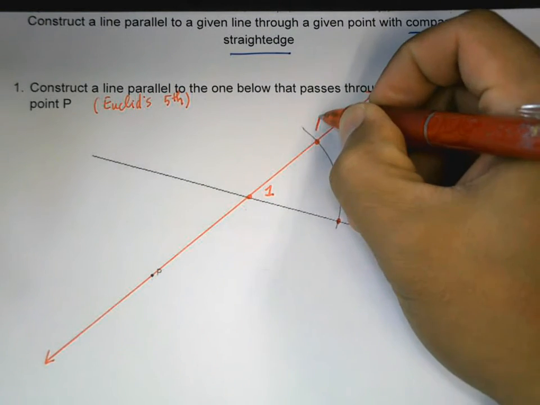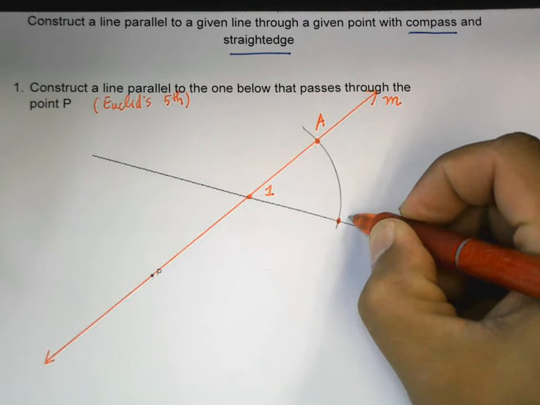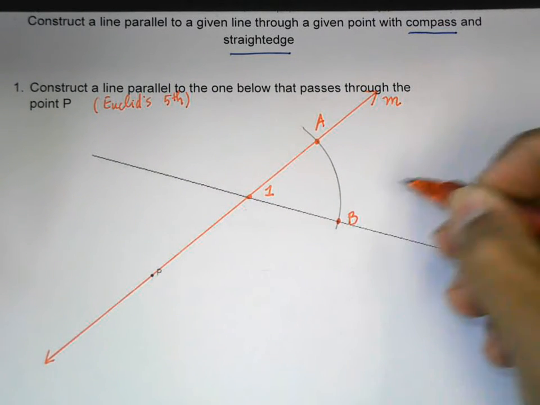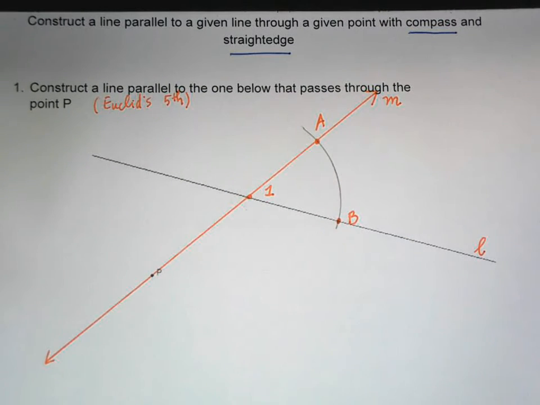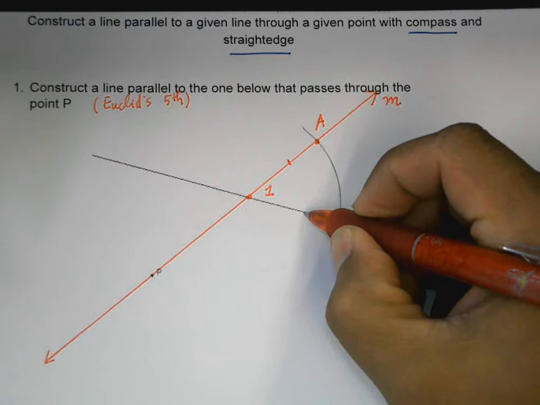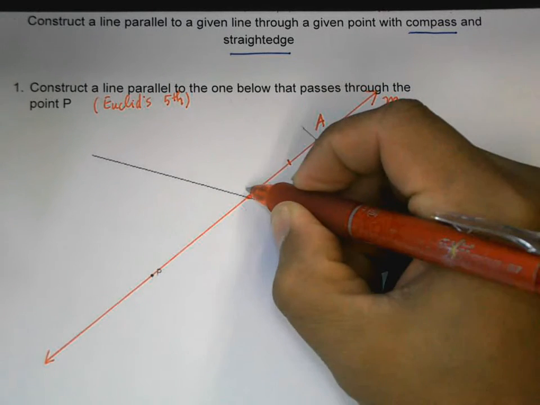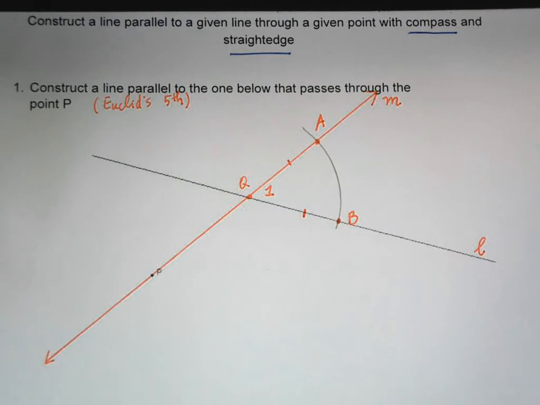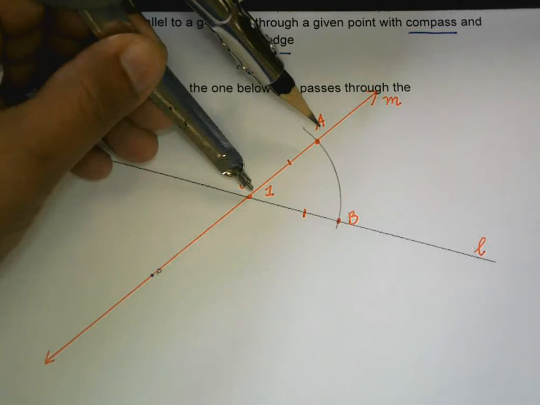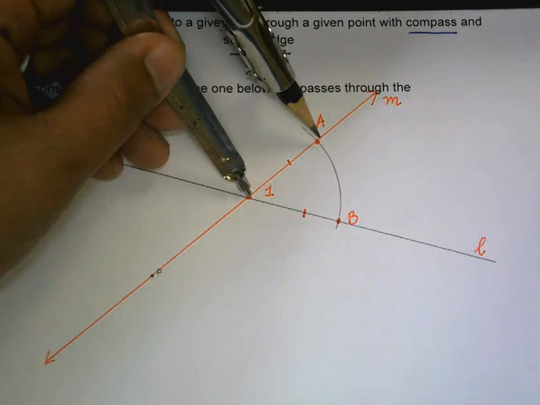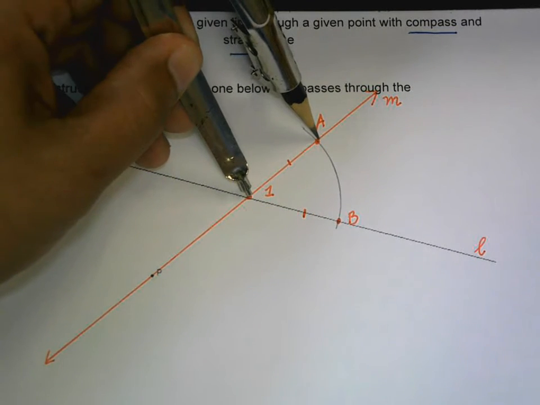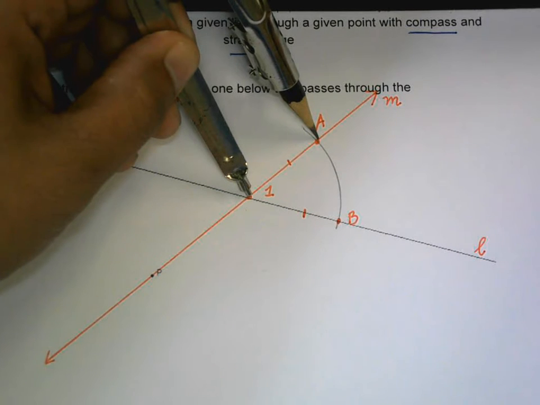I'm going to name this point up here point A and this one down here point B. One thing that should be abundantly clear is that these two are congruent. Let's call the vertex point Q. So QA is congruent to QB. That's not too important, but it's a fact that we're going to put down.